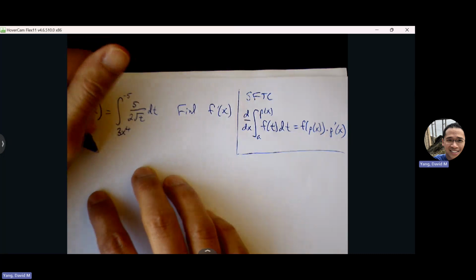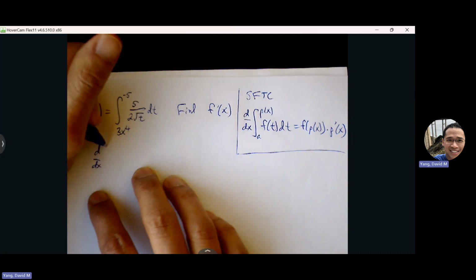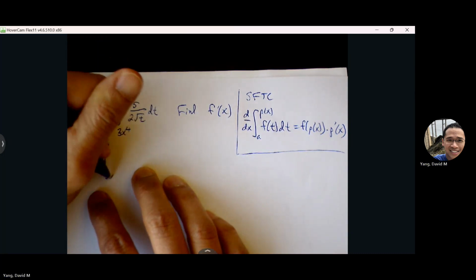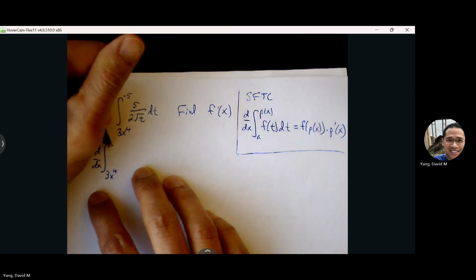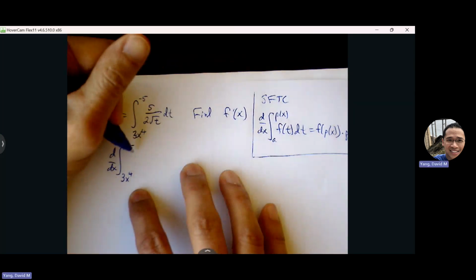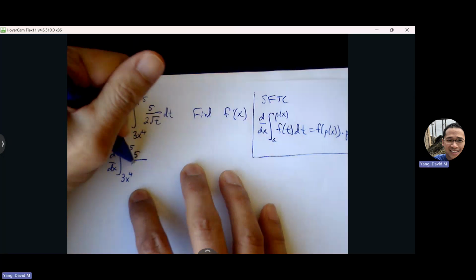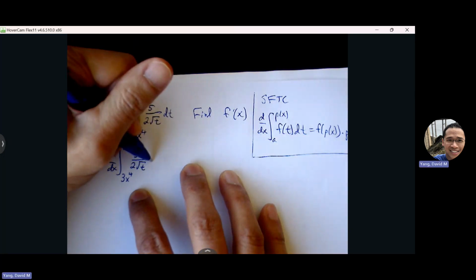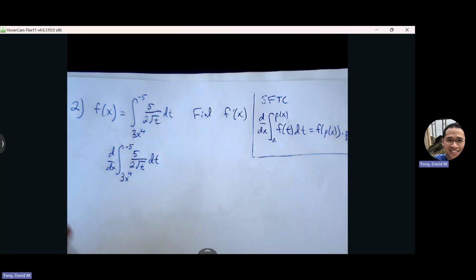Okay, so I know I want to find the derivative of this expression. And the fact that I have derivative and integral notations next to each other, I can just basically cancel them out and just worry about my variable upper bound with my expression.